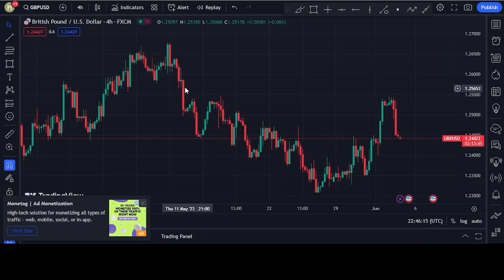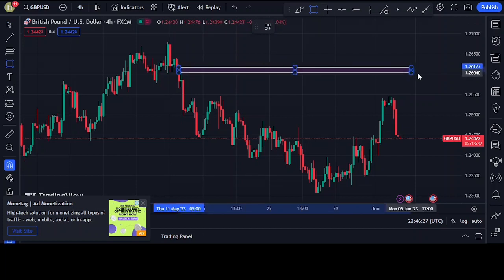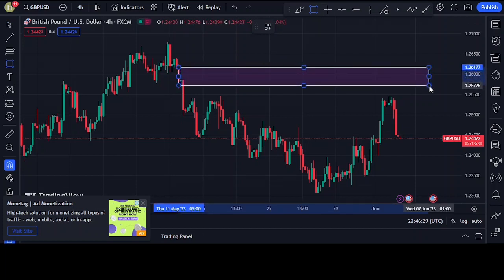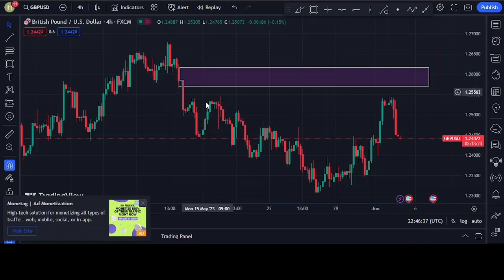Then you have this drop, this base, this drop. That is a perfect supply zone. So let's draw out the zone and extend it to the right, as we are looking for price to come back to it, test it, and see if price will respect it.